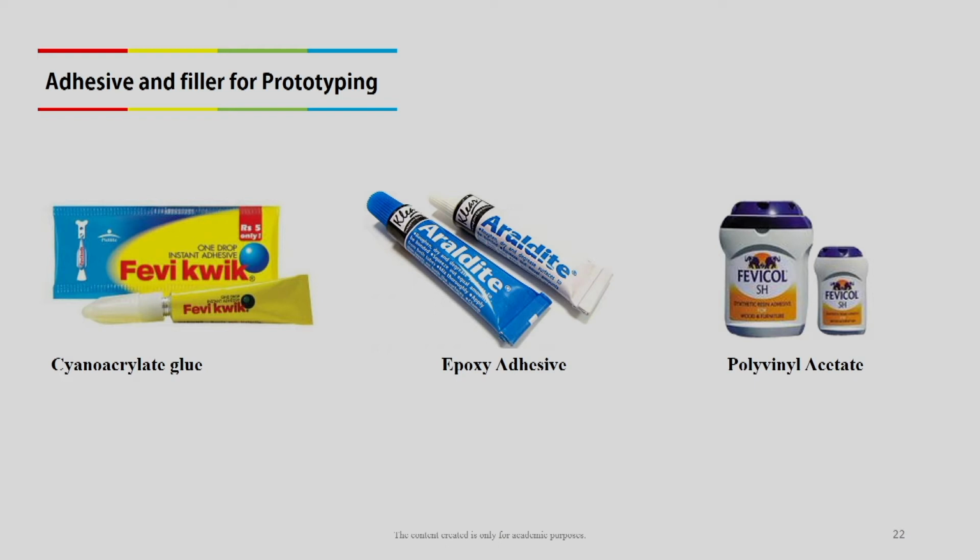You have to mix both the materials and use it. Another is polyvinyl acetate. We have a very famous brand, Febicol, in the market in this category, and we can fix paper, cloth, wood, plywood, MDF with Febicol.